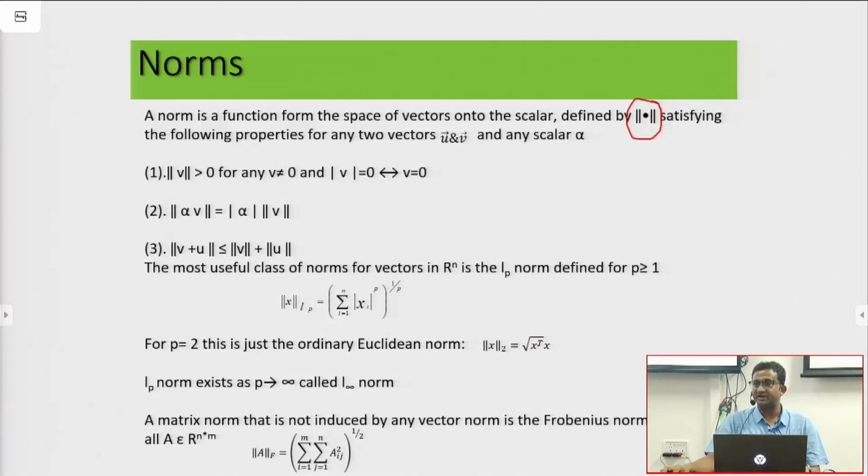D is your observed data, G(m) is the predicted data, and the difference between the observations and predictions is your E. So that will be E transpose E, like that. So the L2 norm is the difference between the observations and predictions, squared, and square root, whole to the power 1 by 2.